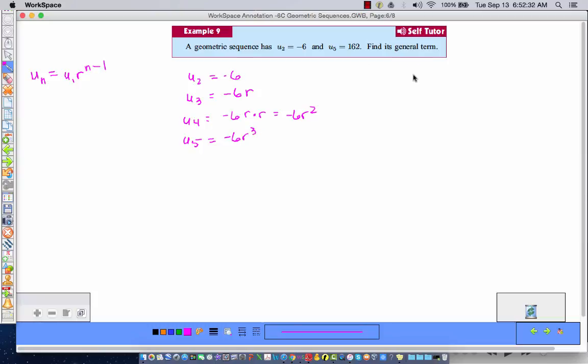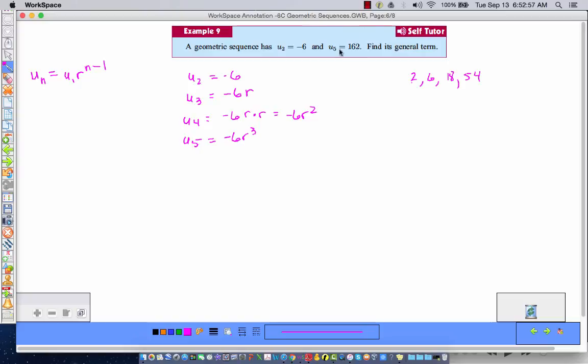Recall, for a geometric sequence like 2, if we multiply by 3, that would be 6, 18, 54. To get to 54, I do 2 times 3 times 3 times 3, so 2 times 3 cubed. So that's where we're getting this r times r, and r times r times r.